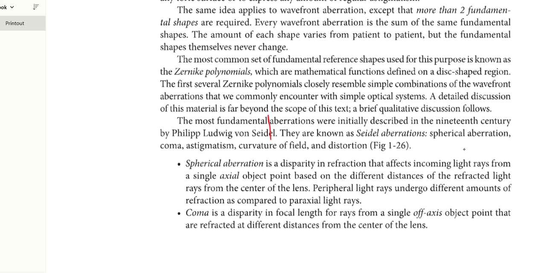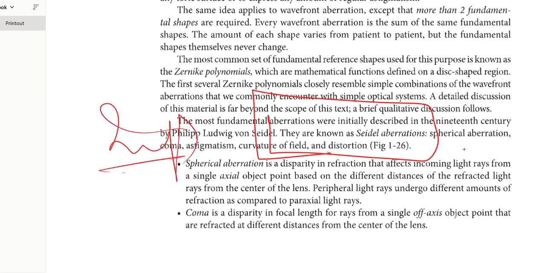Okay. Especially the Seidel aberrations. This is very important. This question has been asked 2 or 3 times. Different kinds of Seidel aberrations are spherical aberration, and they have mentioned there spherical aberration, coma, astigmatism, curvature of field, distortion.